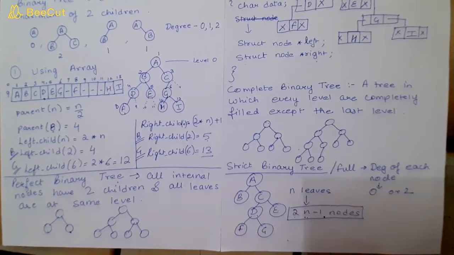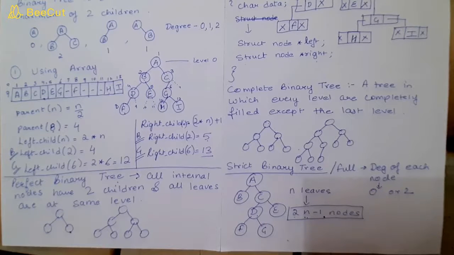All leaves will be at the same level. So these are the three major types of binary trees. You have complete binary tree, in which every level is complete except the last one. Strict binary tree, in which you can have either 0 or 2 children. Perfect binary tree, all the leaves will be at the same level.